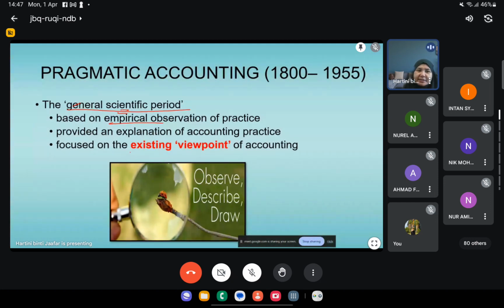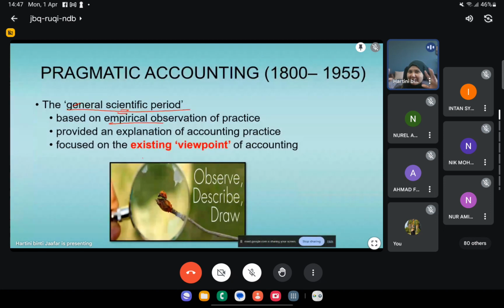So this is considered to be the period where people started to question the accuracy of certain accounting practice and what we can do to improve the accounting practice to a better level, to improve the quality of the accounting information. So they focus on the existing viewpoint of accounting and help explain whether certain accounting practice can be refined or not.